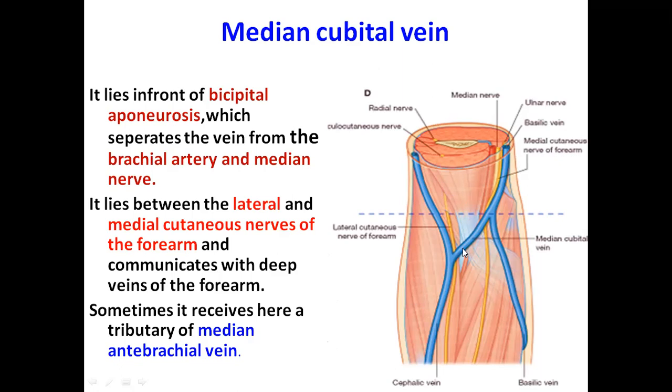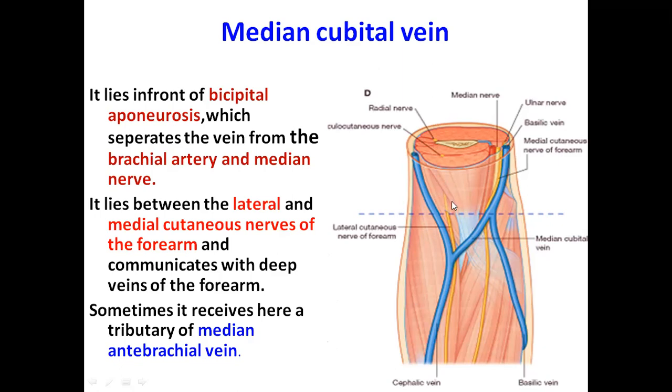Then it separates the vein from the brachial artery and median nerve. This is our median nerve. MBBR, or MBBS, is the code which we generally use to remember the structures in the floor of the cubital fossa. These are all from medial to lateral: we have the median nerve, then the brachial artery, the bicipital aponeurosis, and the superficial branch of the radial nerve.